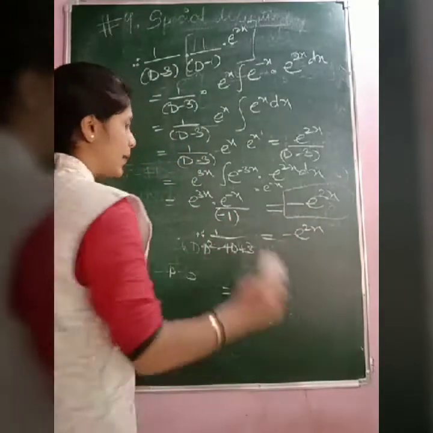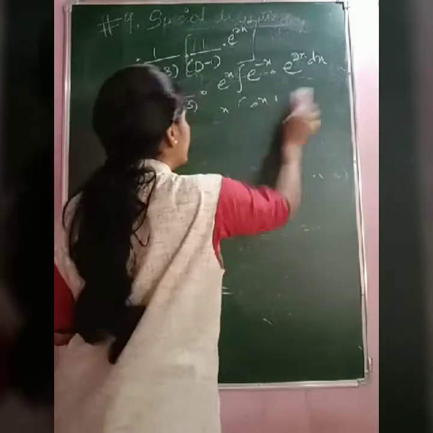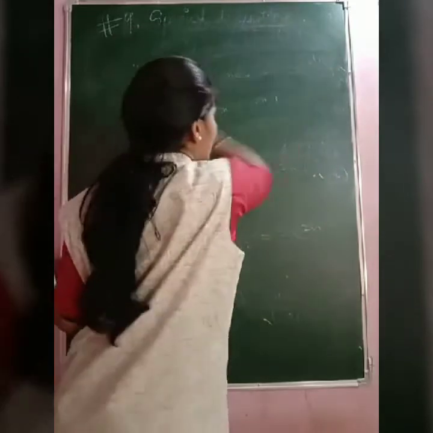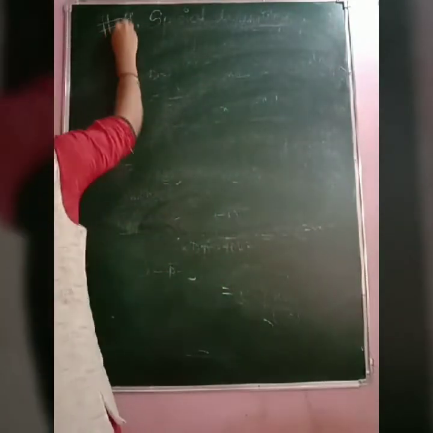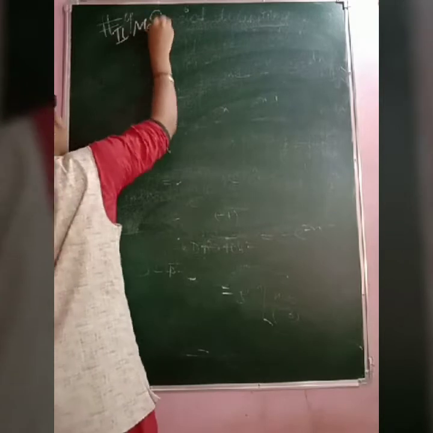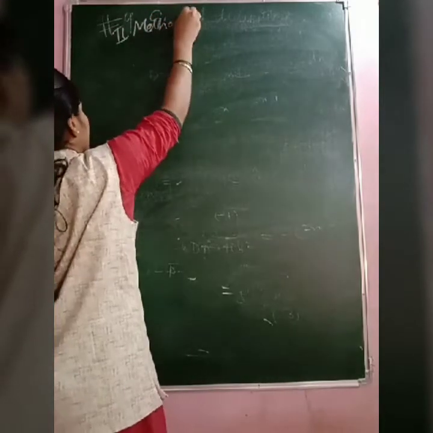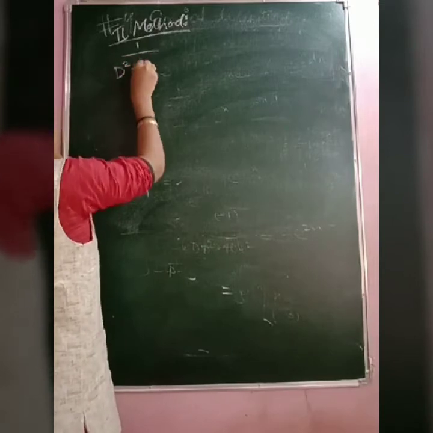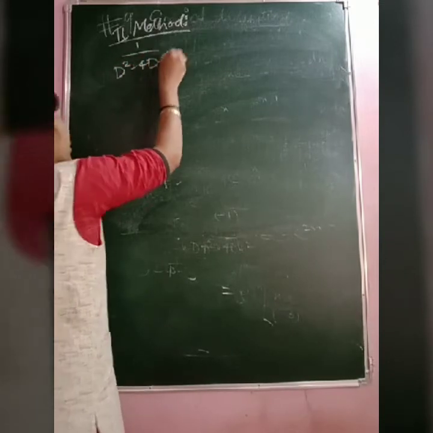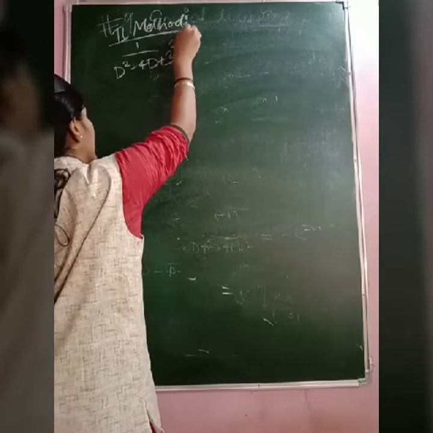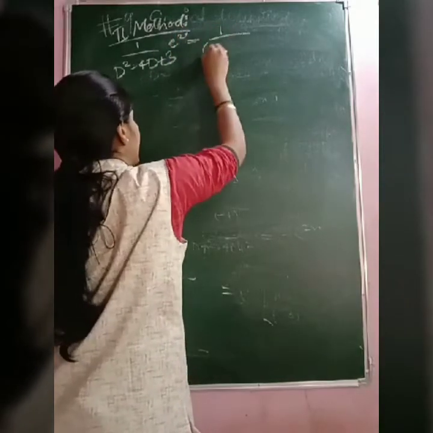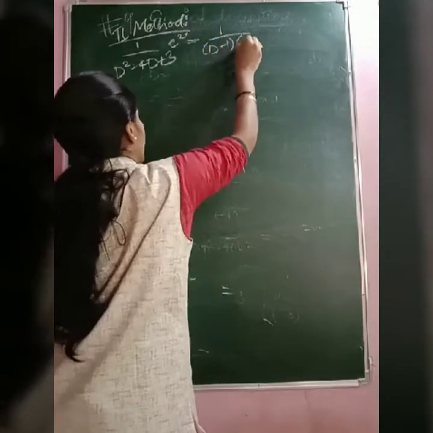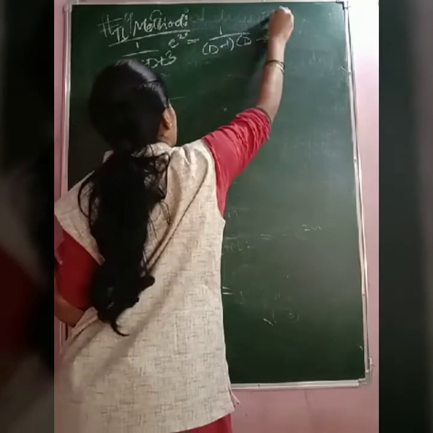Now, second method. Firstly, 1 by D square minus 4D plus 3 of e raised to 2x equals 1 by D minus 1, D minus 3, e raised to 2x.